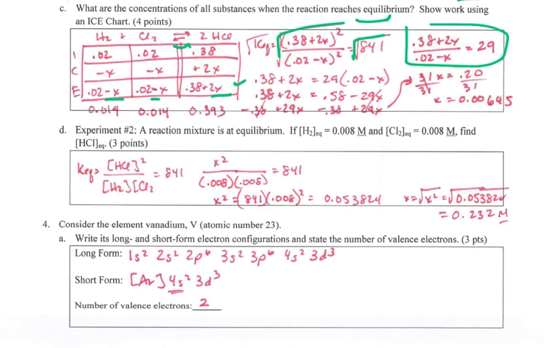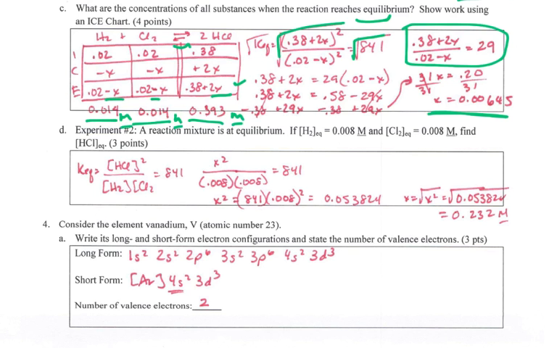So now it's algebra. I went through the steps, multiplied over, subtracted, and I get a value of x of 0.00645. When I go back and put it into 0.02 minus x, 0.02 minus x, and 0.38 plus 2x, I get those three values, and those are all molarities.